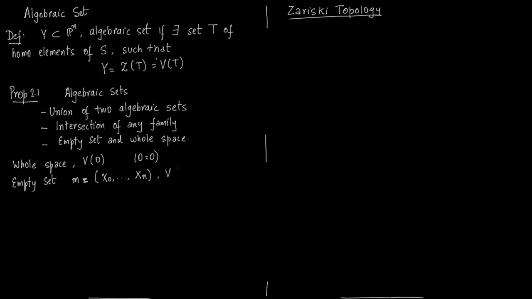Now the vanishing set of this ideal is the null set. Why so? Because this ideal, x0, x1 all the way to xn, would vanish only on the point 0, when all the coordinates are 0. Only then will this set vanish. Anyway, it will have a polynomial x0 plus x1 plus x2 all the way to plus xn.